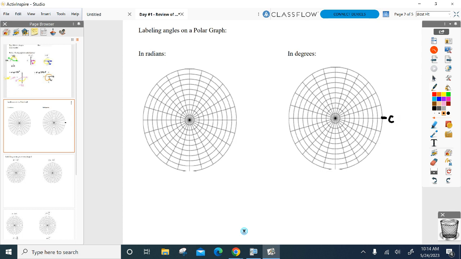So ready? 0, 15 degrees. Next one, 30 degrees. 45, 60, and I'll let you guys finish the rest of the polar grid. Okay? So it goes by 15s, 15 degrees. 75 degrees. Oh, look what's there, 90.